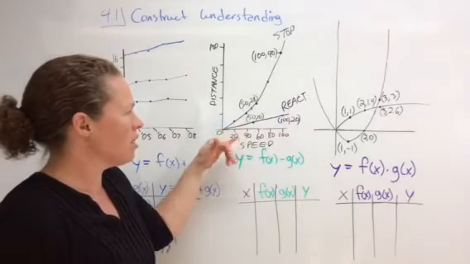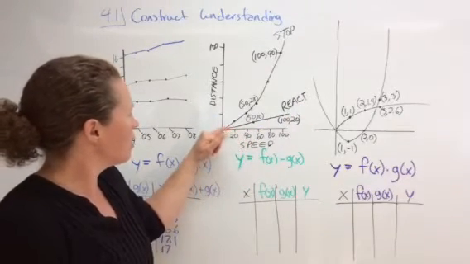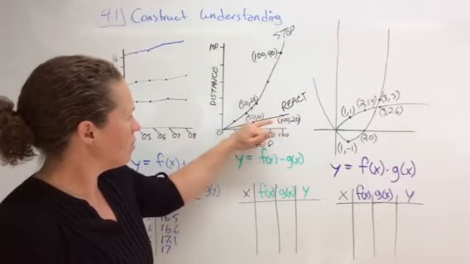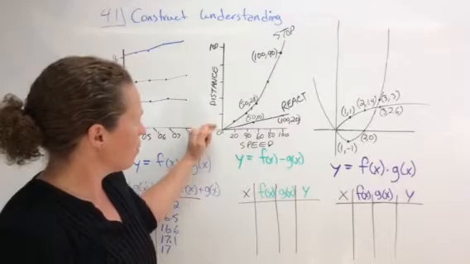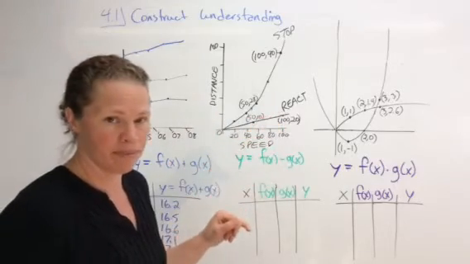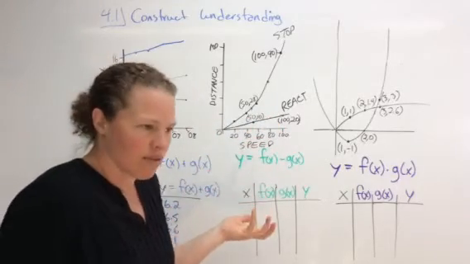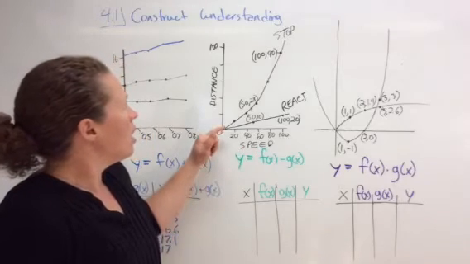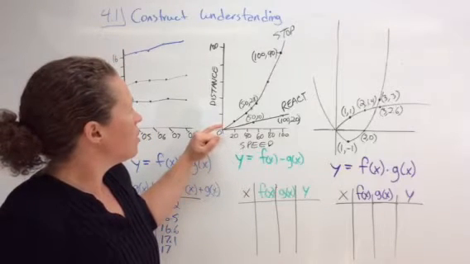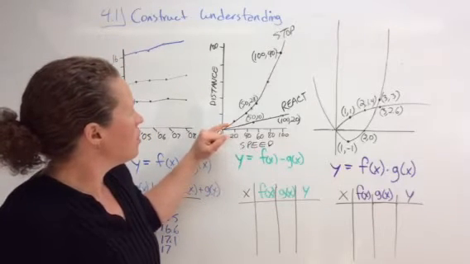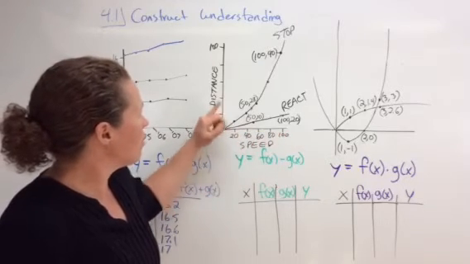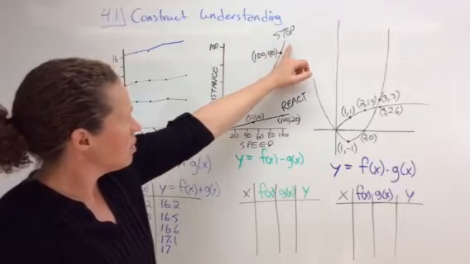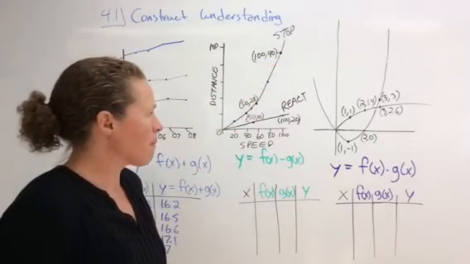So your reaction time is going to be, it looks like, you're going to be moving further. The faster you go, the further you go before you react. That makes sense because you're going faster. In the same situation, the faster you go, the farther you're going to go before you stop.